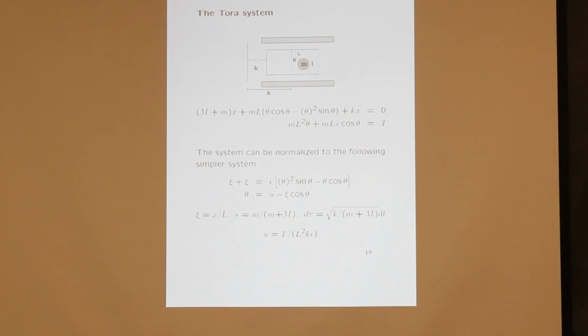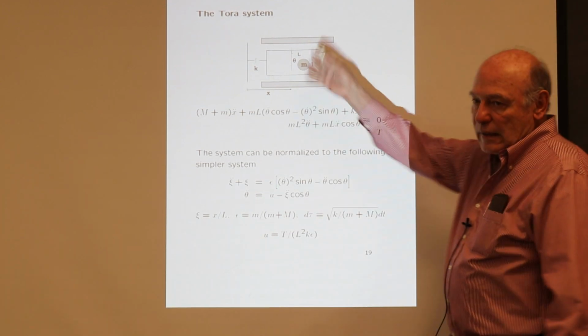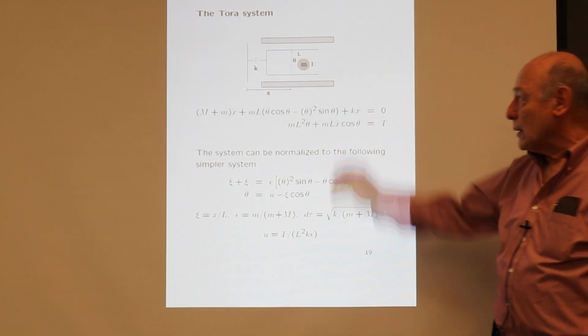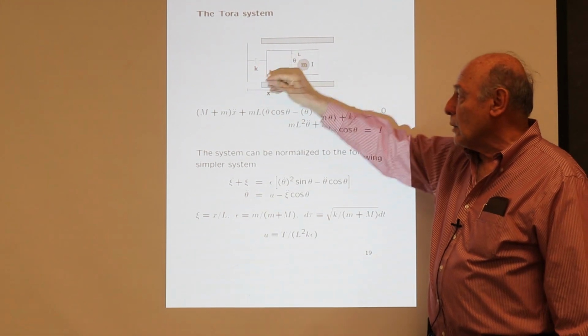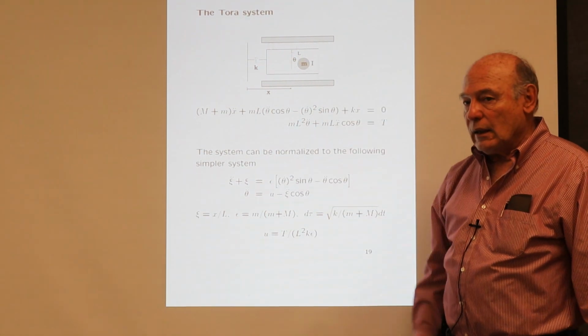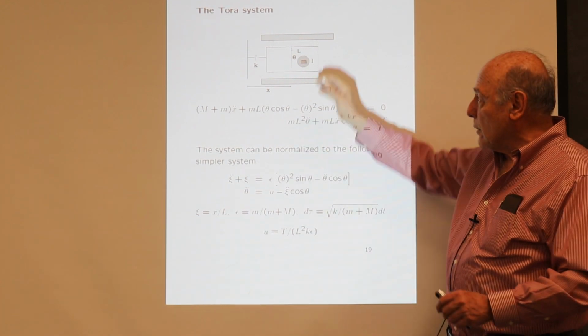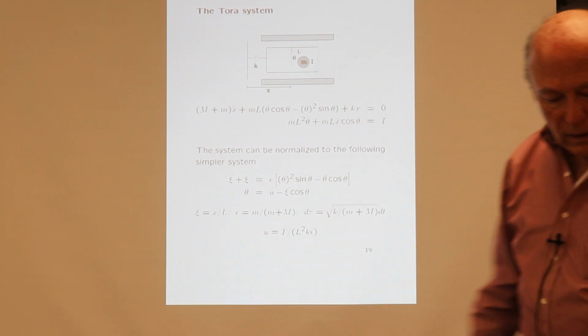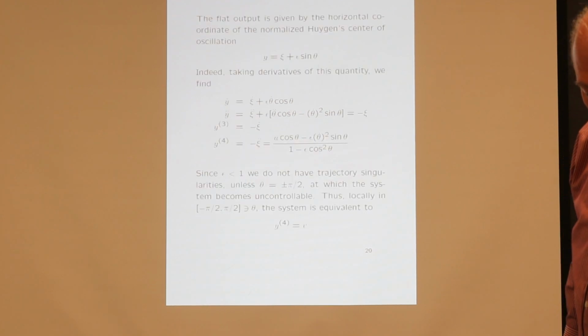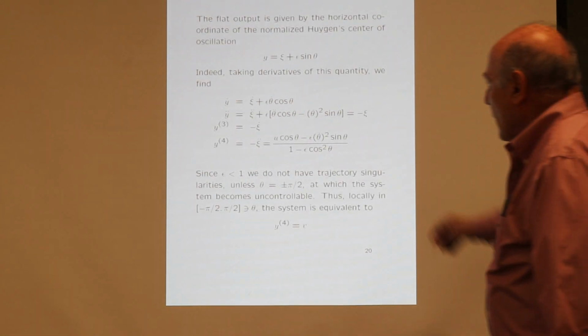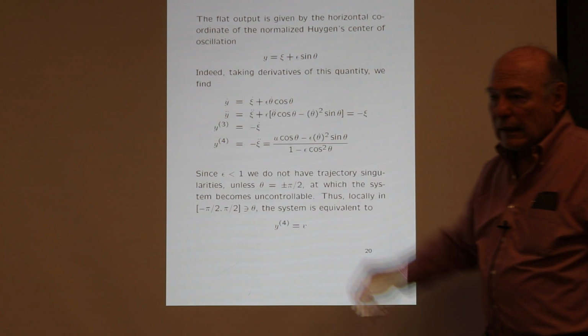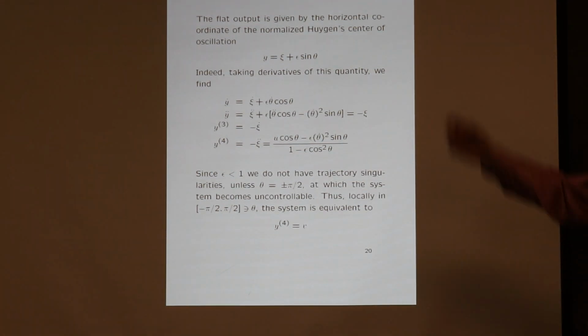It turns out that the flat output will be the center of oscillation of this thing. This thing moves horizontally, and the pendulum moves in a circular fashion. So at each point you can sort of project to one of the sides the position of the pendulum, and if you consider something like this, that will be the flat output.